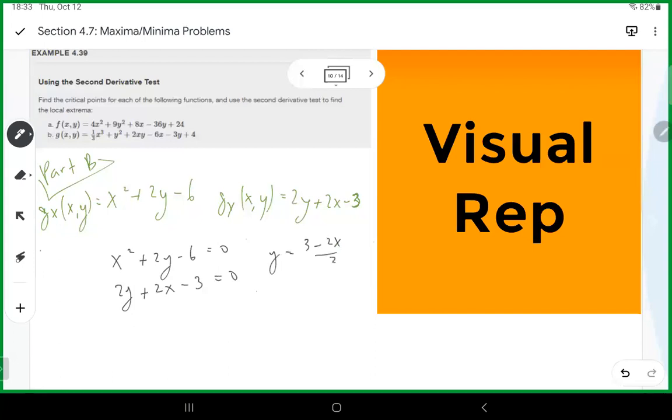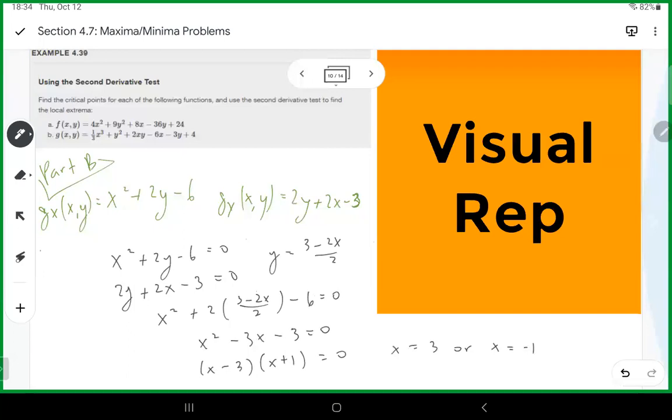And if we substitute that into the first equation, we get x squared plus 2 times (3 minus 2x) over 2 minus 6 equal to 0. So you end up with x squared minus 3x minus 3 equal to 0. So (x minus 3)(x plus 1). So then you're looking at either x equal to 3 or x equal to negative 1.